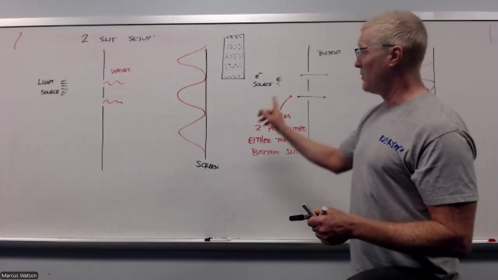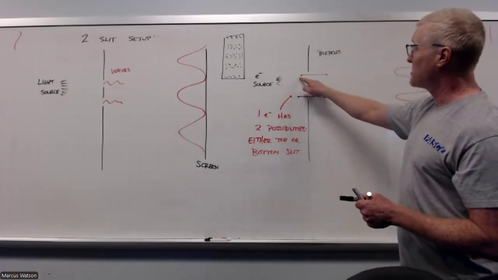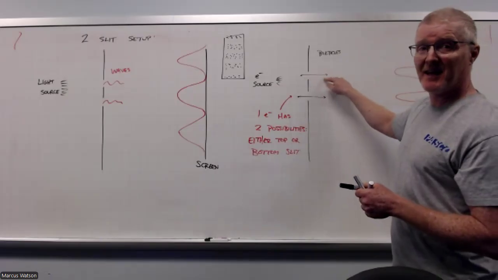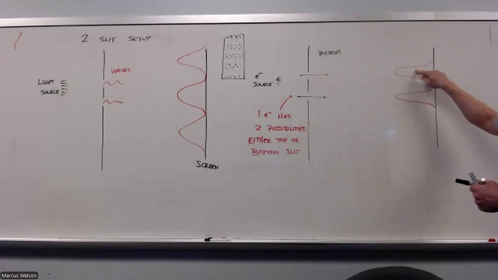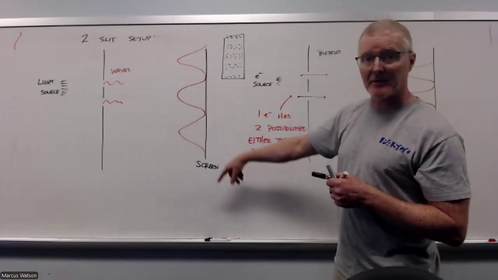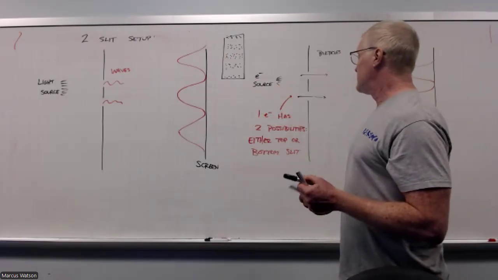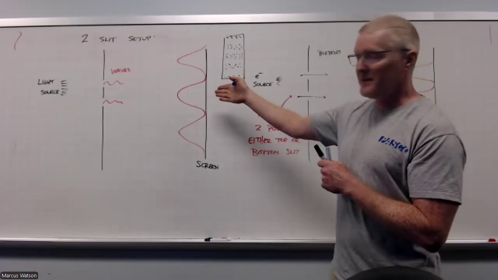I want to track the path of the particle as it travels from here to here. And if I track it and it goes through here, I see it, and then it gives me this pattern with a big intensity here and a big intensity here and nothing else. But that's not this pattern. If I'm looking for that, it gives me that. If I stop looking for that, it gives me this.